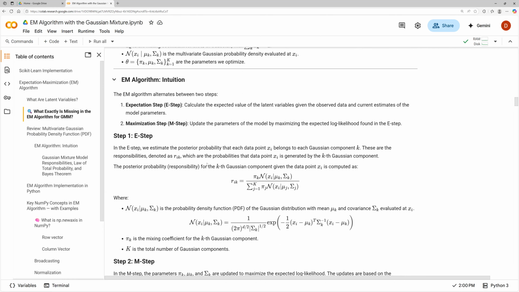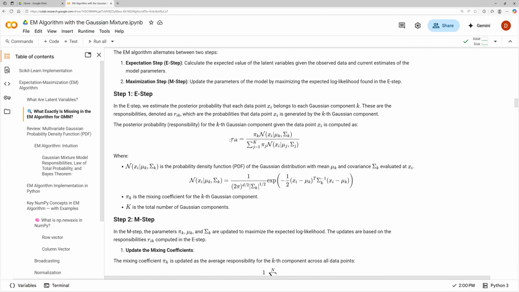So again, the intuition is basically to calculate the expected value of the latent variable given the observed data. And then in the maximization step, we update the parameters of the model by maximizing the expected log likelihood. And here is R_ik, which is a posterior probability.